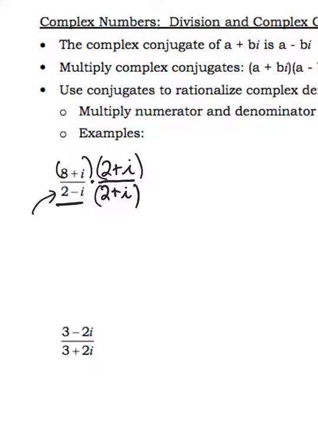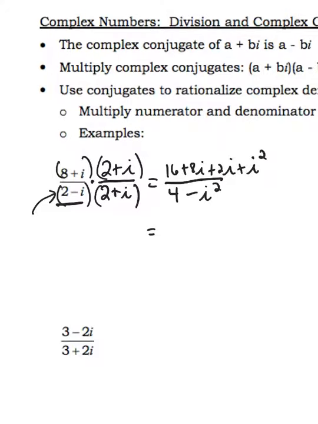And again, we're going to do this by foiling on top and foiling on bottom, and as you would expect on bottom, the two middle terms are going to cancel out, and that's the nature of conjugates. You're going to end up with 2 times 2 and negative i times i, which is negative i squared. On top, 16 plus 8i plus 2i plus i squared.